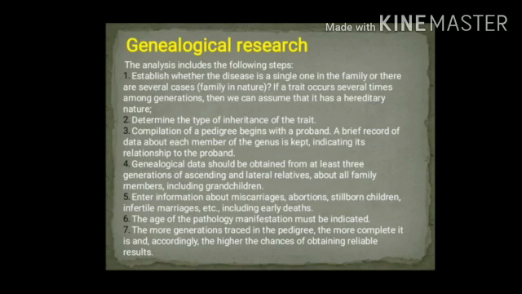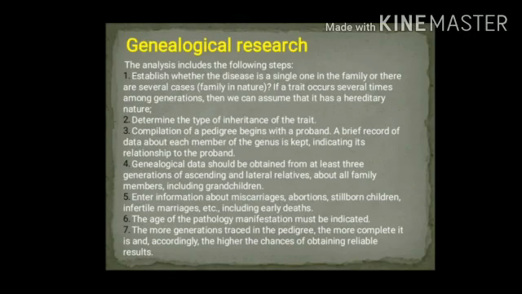Next, genealogical data should be obtained from at least 3 generations of ascending and lateral relatives about all family members, including grandchildren. Next, enter information about miscarriages, abortions, stillborn children, infertile marriages, and so on, including early deaths.